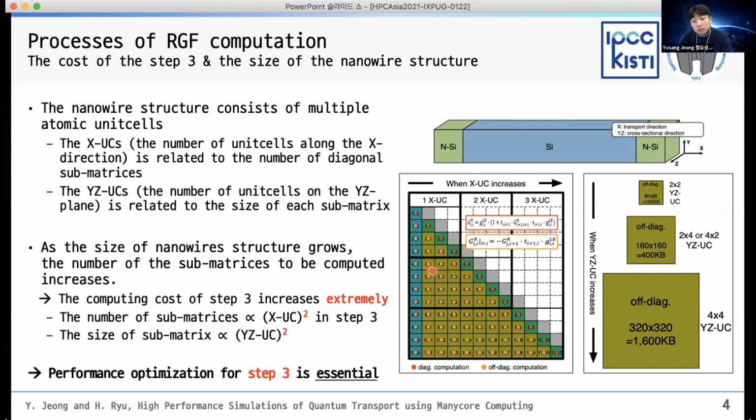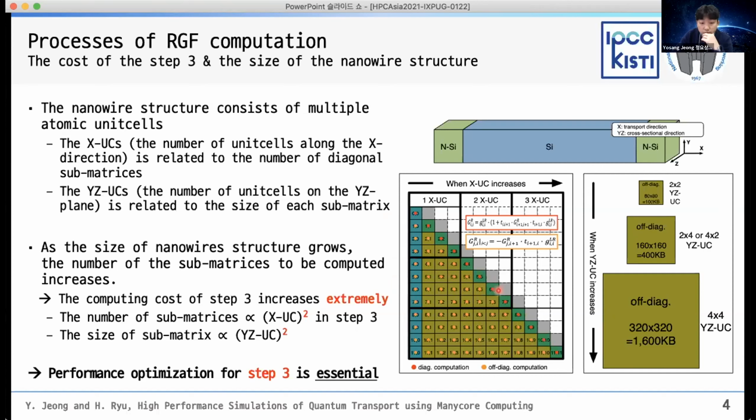Of course, as the size of the nanowire structure grows, the number of computations increases in all steps. However, unlike other steps, in step 3, the number of submatrices to be computed increases extremely. As shown in this figure, as the XUC increases, we can see the number of off-diagonal submatrices, the orange dots, increases non-linearly.